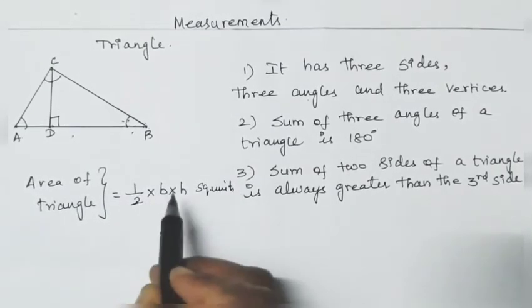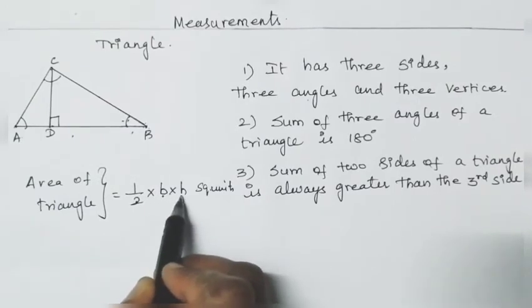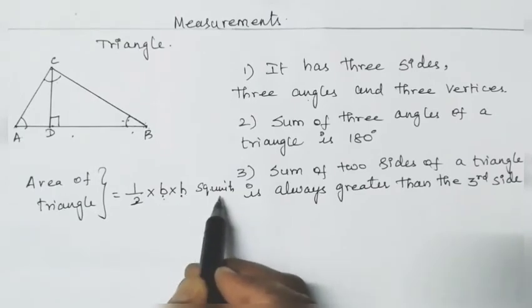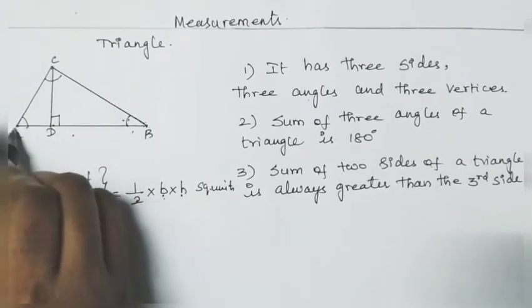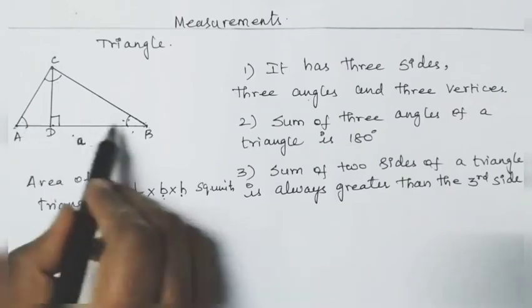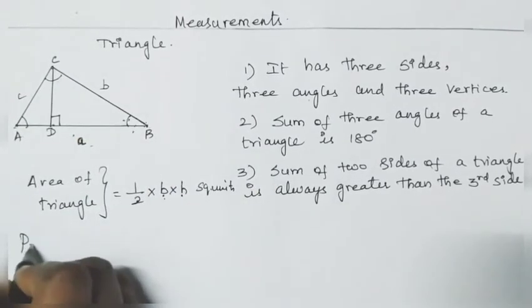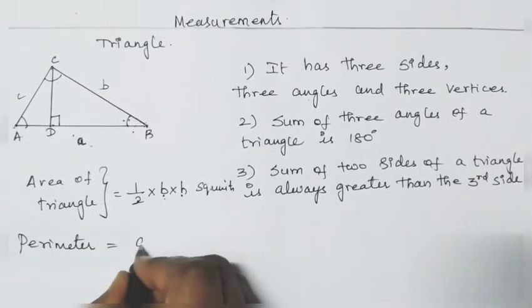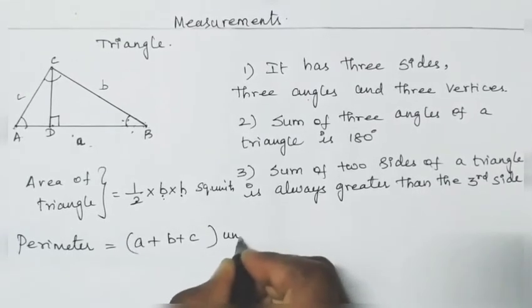Half into base B into height H. So perimeter is nothing but adding all the sides. If we consider small letter A is the side of AB, and this is B and this is C, means perimeter of a triangle is adding all the sides A plus B plus C units.